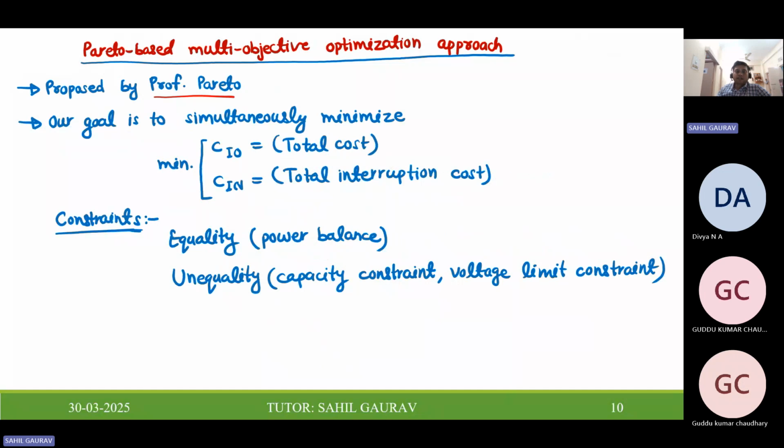And these objective functions have constraints of equality nature, where we have the power balance constraints, and inequality constraints, where we have capacity constraints of substation or thermal limit of line, and voltage limit constraints at nodes. So these are inequality constraints.